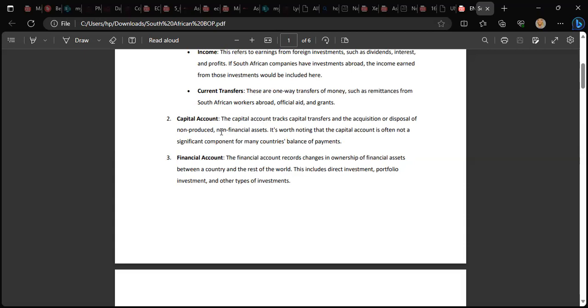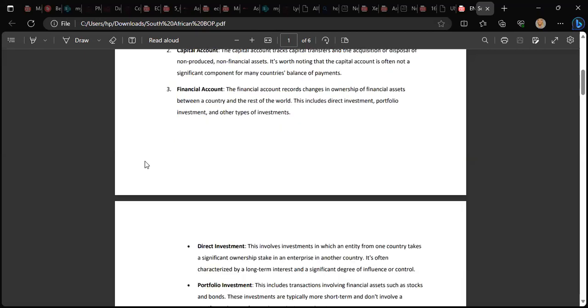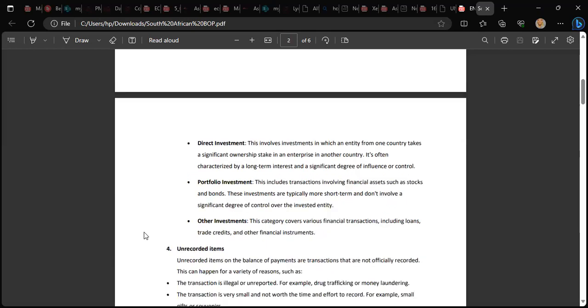And then the financial account, which is very, very important here. This one records changes in ownership of financial assets between the country and the rest of the world. So here we are talking about direct investment, portfolio investments, and other types of investments. So you typically get three of those there. I think there's an addition now.